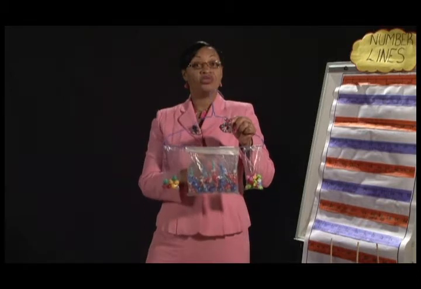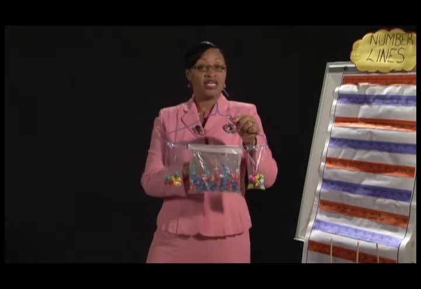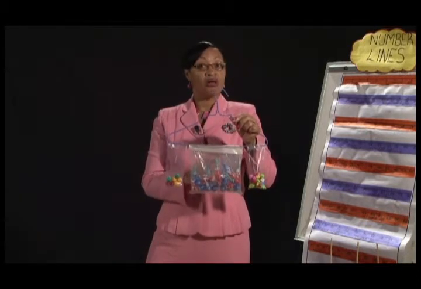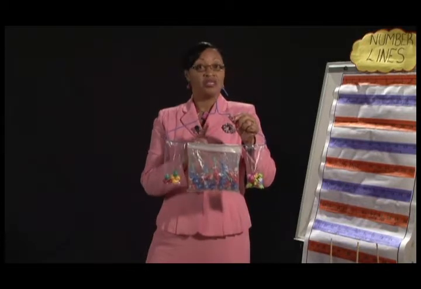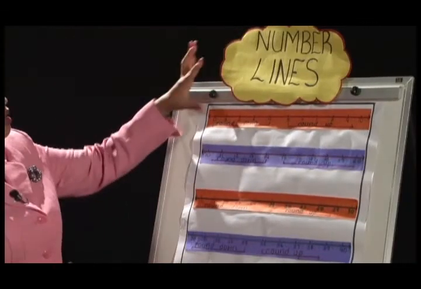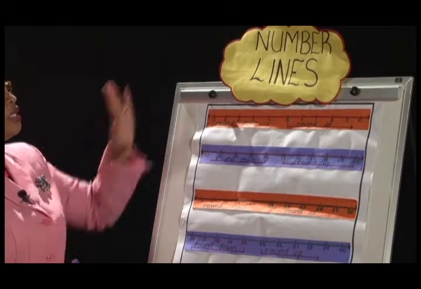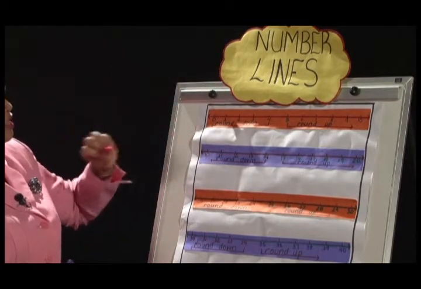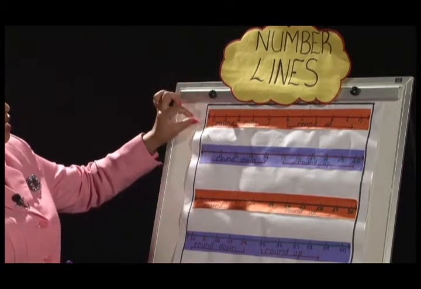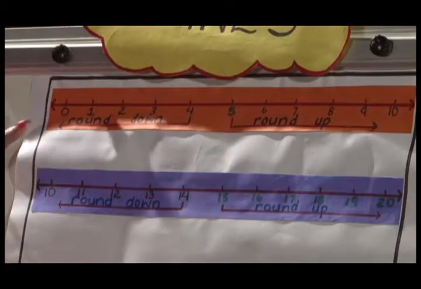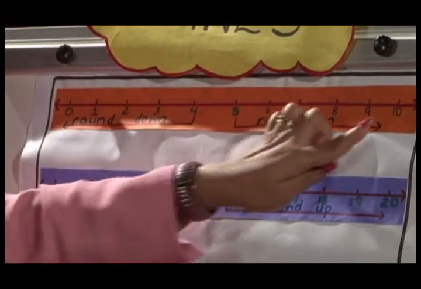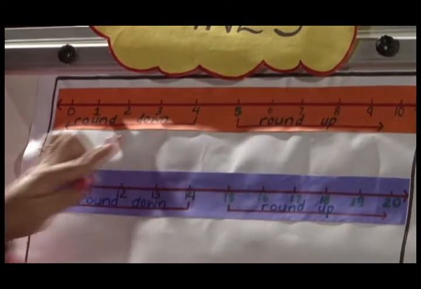Remember, I asked you to guess numbers that would end with 0 because we are rounding off to the nearest 10. Here on the board, I have some number lines. If you look closely, the first one here starts at 0 and ends at 10.